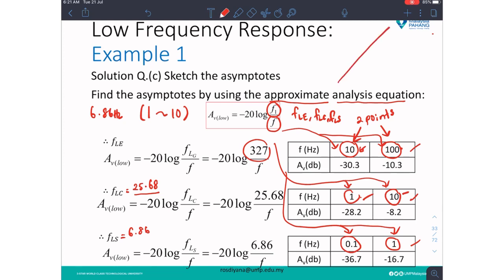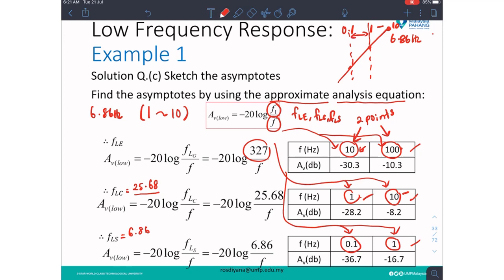This is the actual value, 6.86 Hertz, from here, and then another point here. 6.86 is at 1 to 10 Hertz, so we take another decade in front of its value, so it becomes 0.1 to 1.